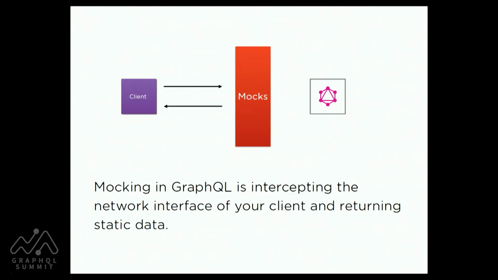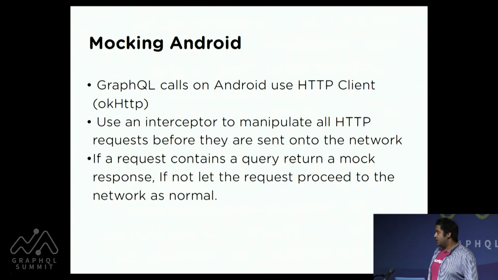What does a mock do? In essence, in GraphQL, a mock is just something that intercepts the network interface and returns static data. That's all it does. So you can see the client is assuming that it's going to make it to the GraphQL server, but this mock is standing in between, and it's going to actually return all that stuff. Mocking on Android, I think today we could improve in the community if we had standard libraries to do mocking across all the platforms.